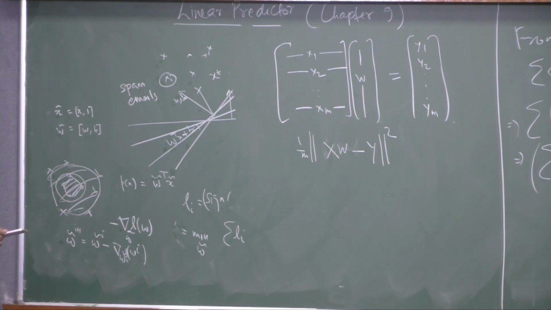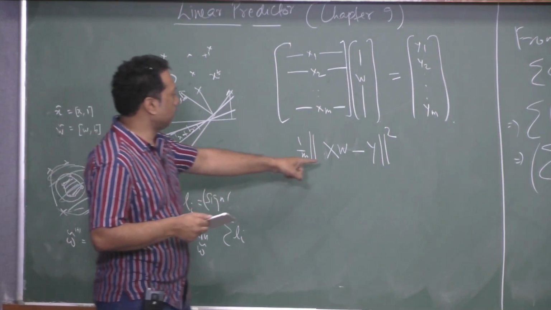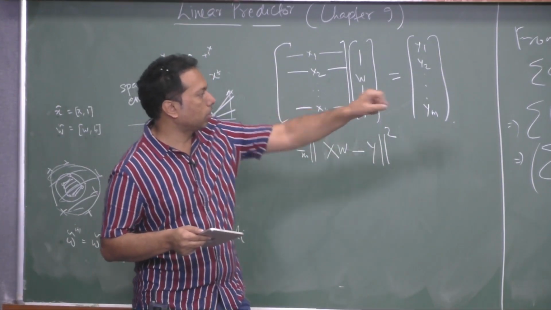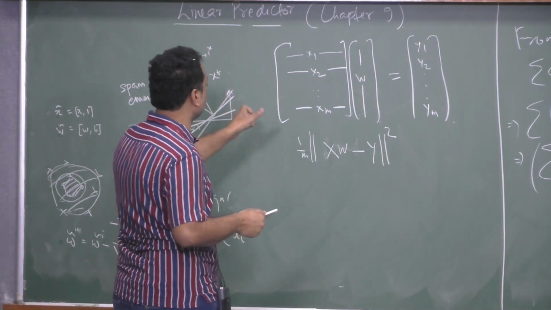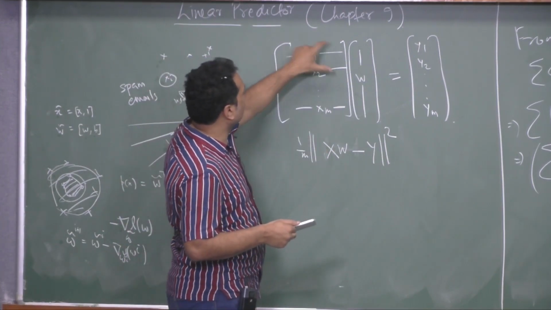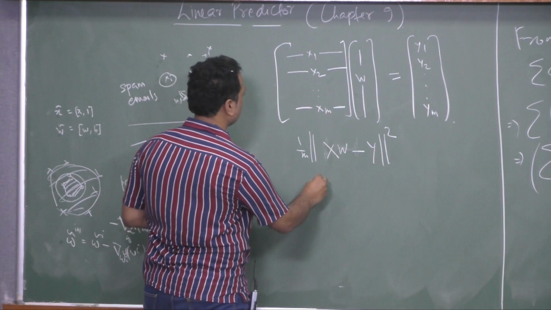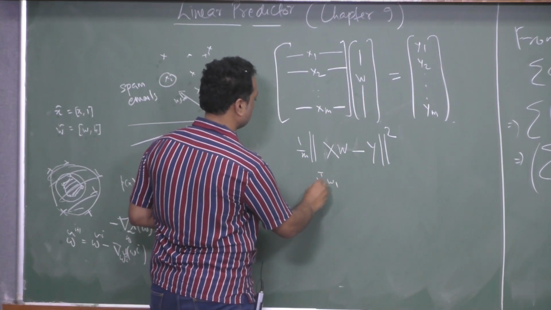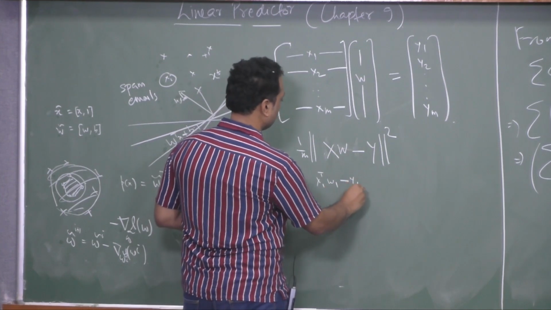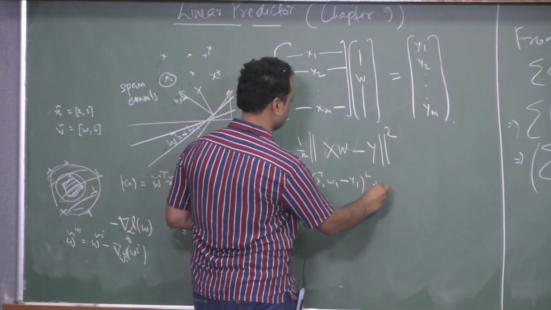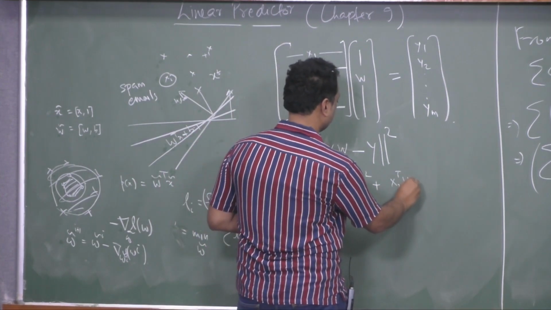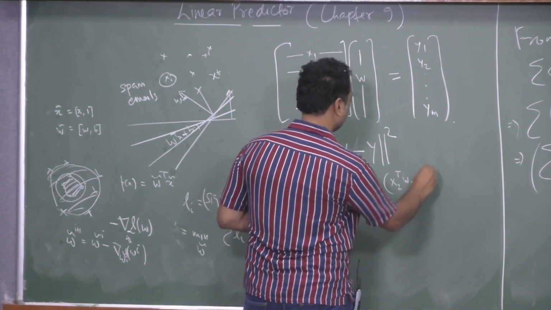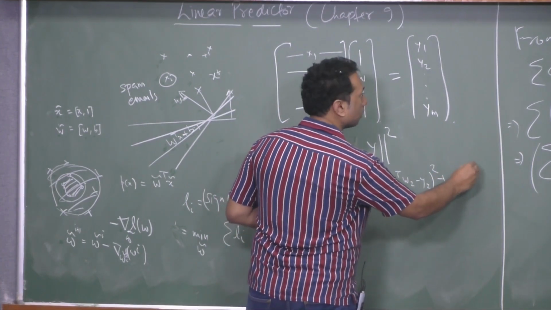If you now expand this as a 2-norm, you get exactly the loss that you have. As I said, it's a vector x1, w1, y1. So this is x1 transpose w minus y1 squared, plus x2 transpose w minus y2 squared, plus dot dot dot, and then the last term.